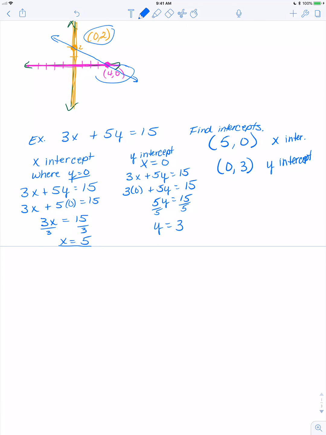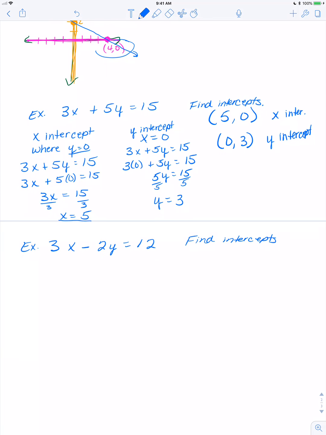All right, let's do one more example like that. Okay, we're going to find our intercepts again. So remember, the x-intercept is where y is equal to 0.